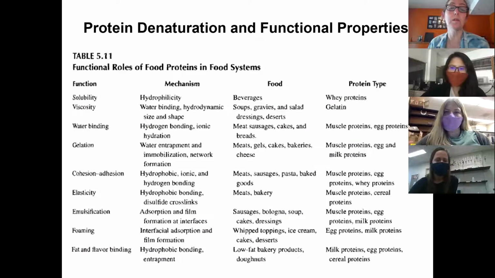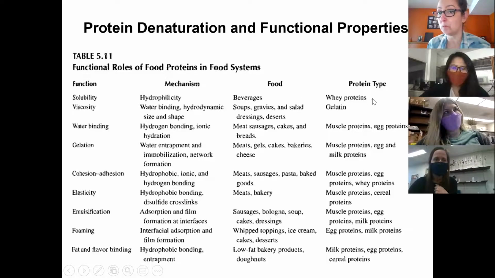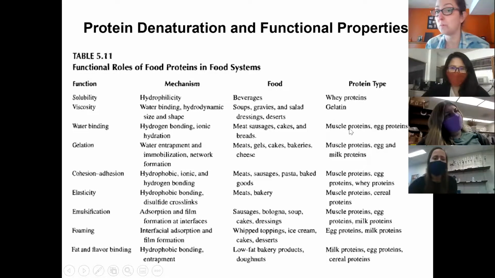This is also another FYI table that talks about a function. For example, we'll look at solubility. What's the mechanism of protein solubility? It's hydrophilicity, how much it's interacting with water via hydrophilic interactions. An application is a beverage, and the most common protein used in this application is whey protein. So you can look at different functions, the mechanism of each function, the food example, and most common protein type.